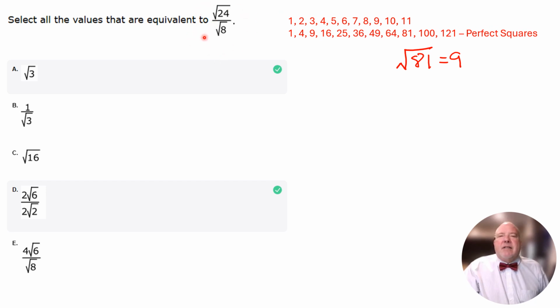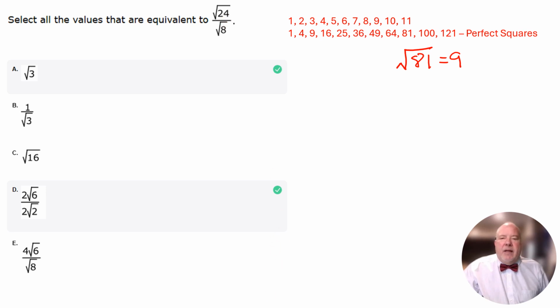The first thing I like to do is see if 24 and 8 have any factors that are perfect squares. So 8, I could break into 4 times 2, because 4 is a perfect square. And then 24, I could break that into 4 times 6 because 4 is a perfect square.